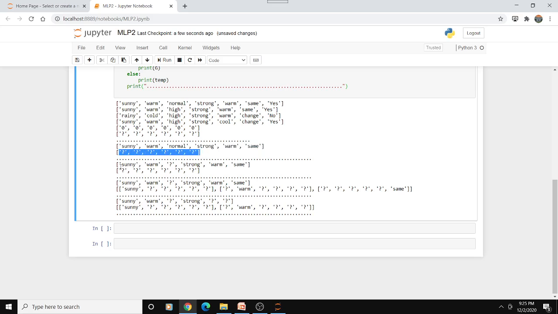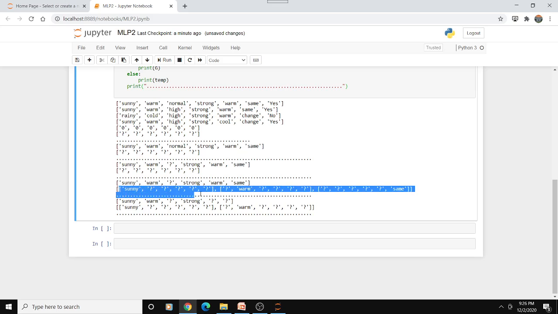This is for the second training example. When we compared with the first hypothesis, we got this updated specific hypothesis, and this is the general hypothesis for the second training example. The third one is a negative training example, so there is a change in the general hypothesis. We have 3 hypotheses here in the general hypothesis.